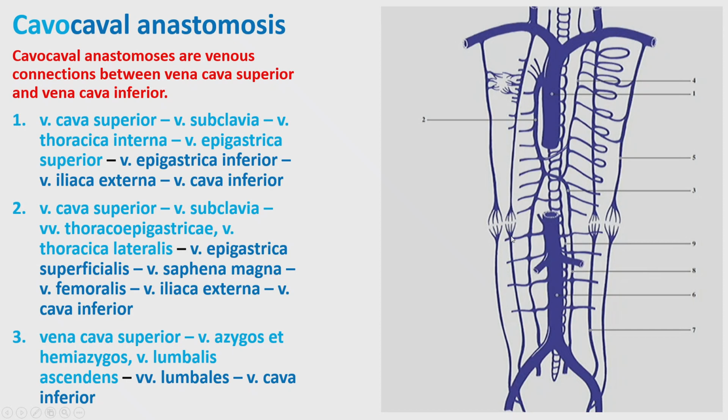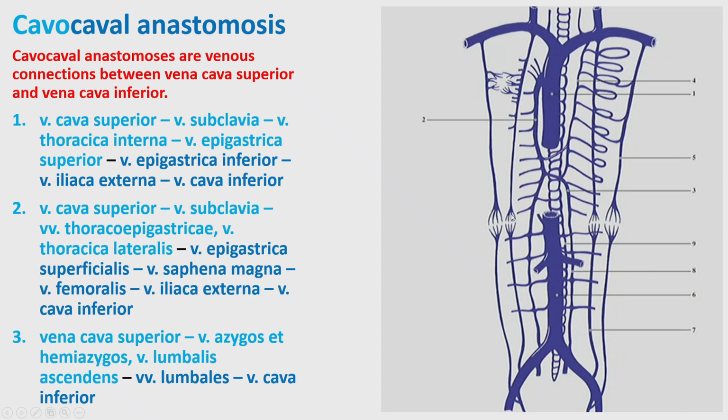As you see, here is the inferior epigastric vein. It's interconnected with the superior epigastric vein exactly at the region of the rectus abdominis muscle, under or behind it.